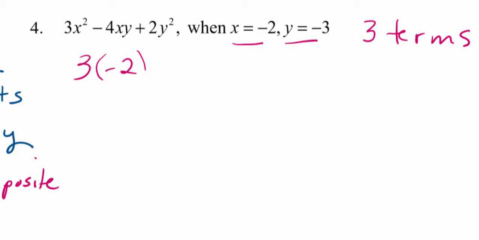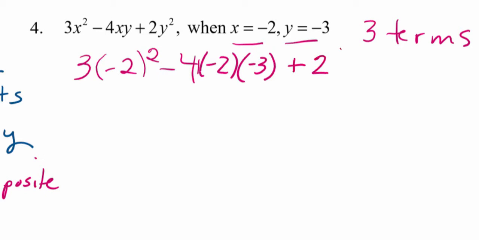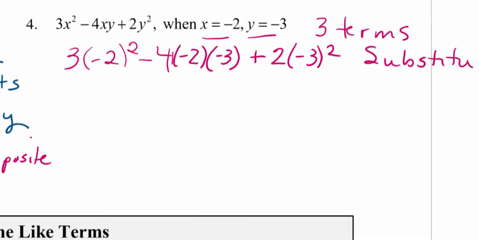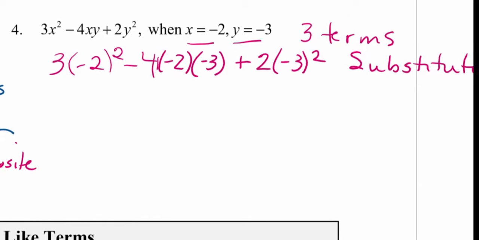So replacing here, we had 3 times -2 squared minus 4 times -2 times -3 plus 2 times -3 squared. That's our first step, which is to substitute in the values of the numbers for the letters, right?